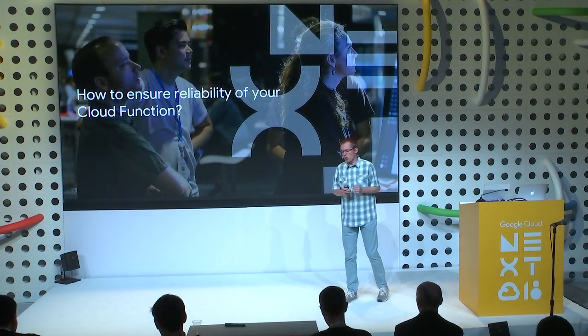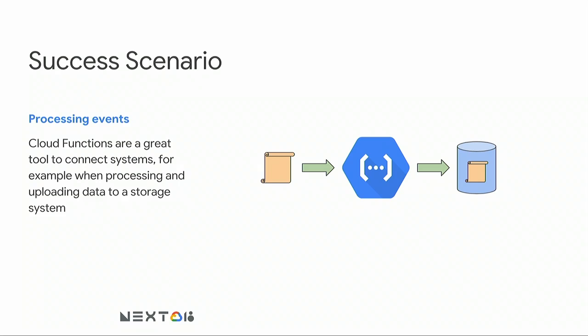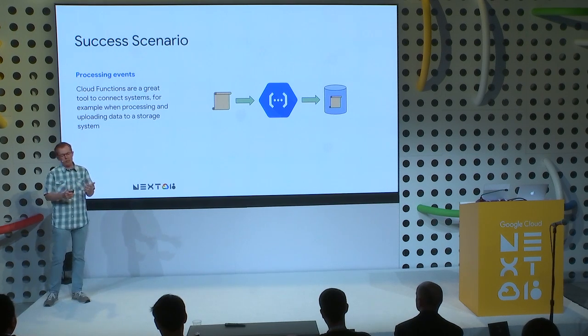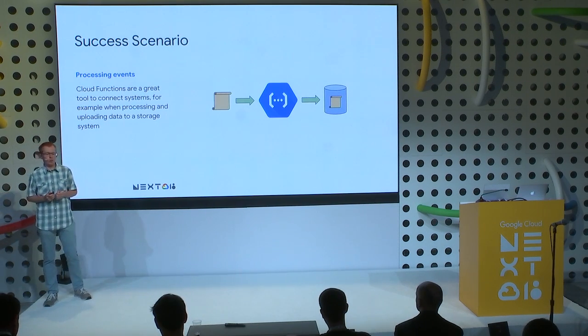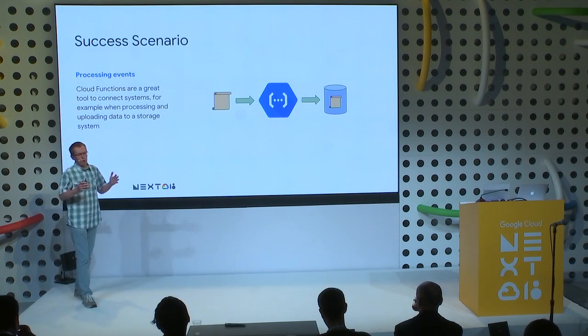How to ensure reliability of your Cloud Function? As we already know, functions are good for processing events. In particular, they're a great tool when connecting different services. For example, when processing the incoming data and uploading it to a storage system. In the success scenario, everything works.